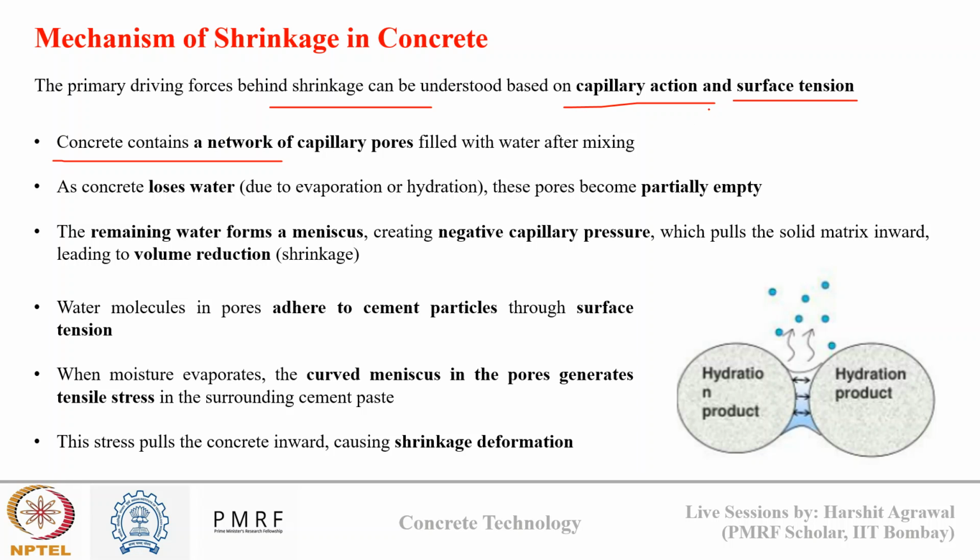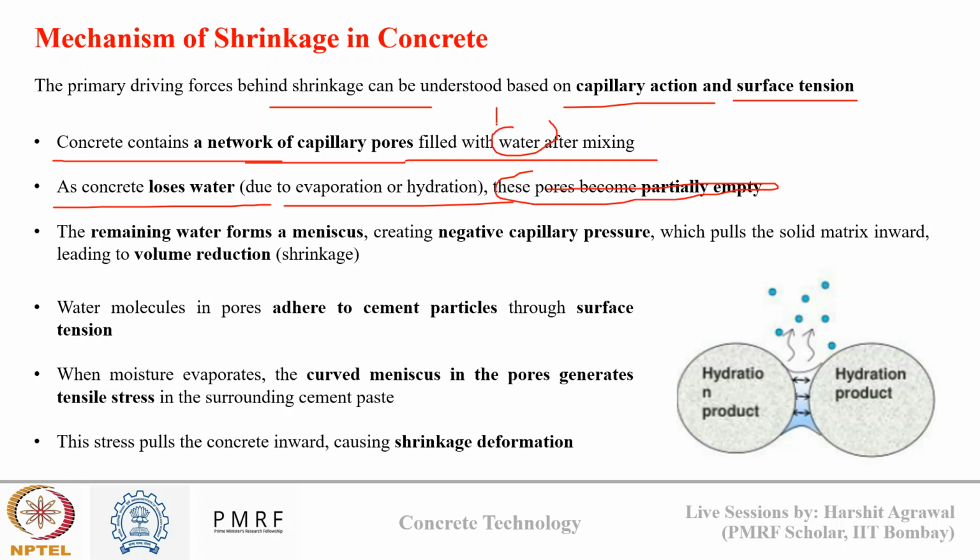We have seen there are capillary pores and gel pores, filled with water after mixing. Now, as concrete loses water due to evaporation or hydration, these pores contain the free water that is consumed during hydration or lost due to evaporation. If this free water is lost from the pores, they will become partially empty.